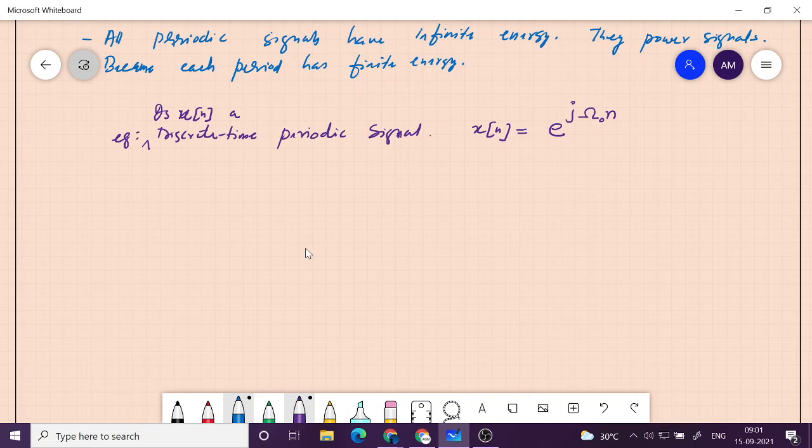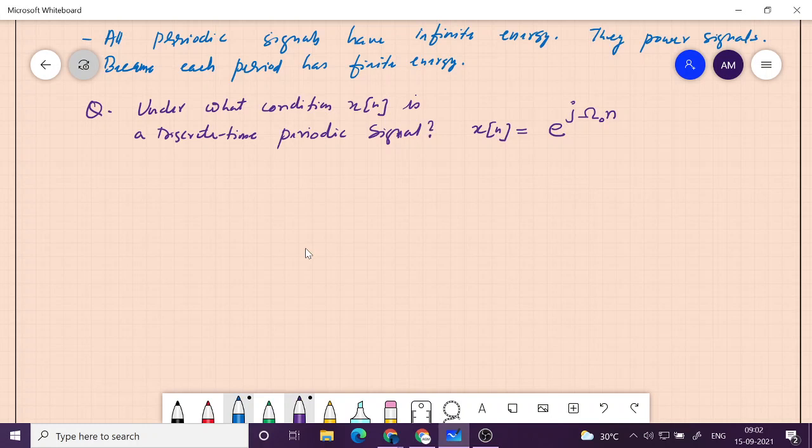Or let me further modify it: under what condition can this signal be a discrete time periodic signal? So that is the question.